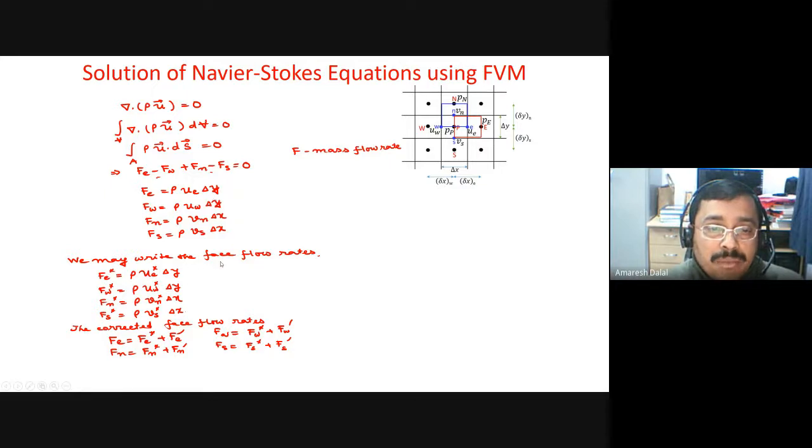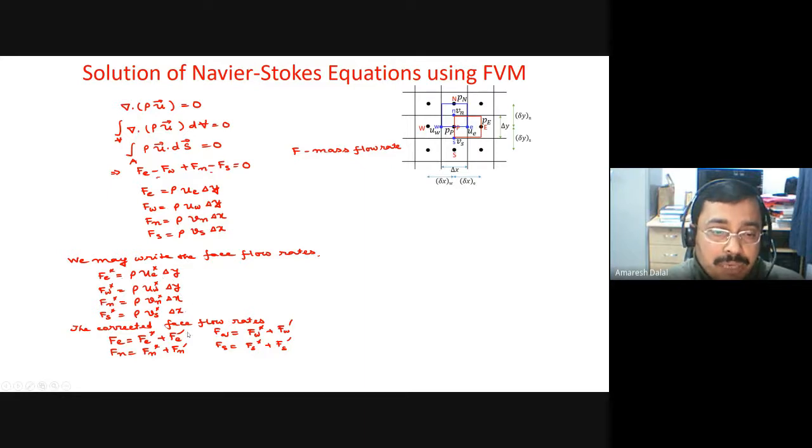Now we have the star velocity, or the provisional velocity. So with provisional velocity if we calculate, then these are the provisional mass flow rates. And also we know Fe is equal to Fe star plus Fe prime, because we know that Ue is equal to U star plus U prime.